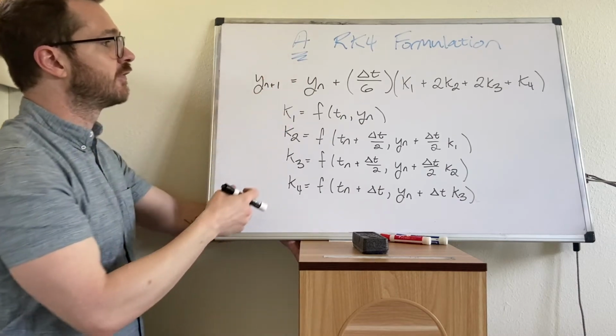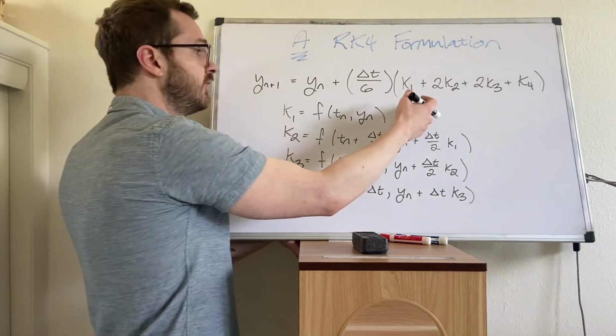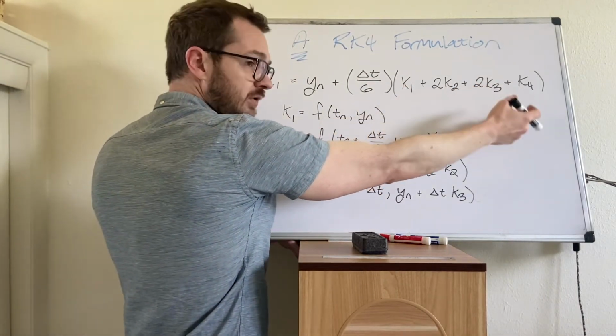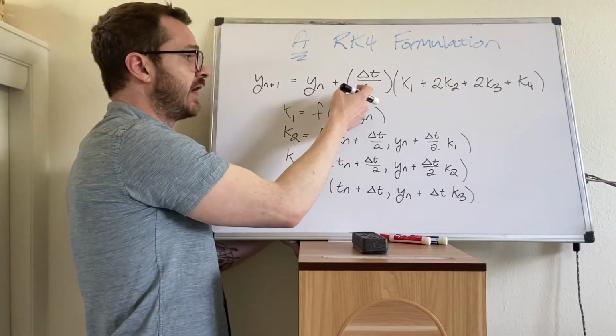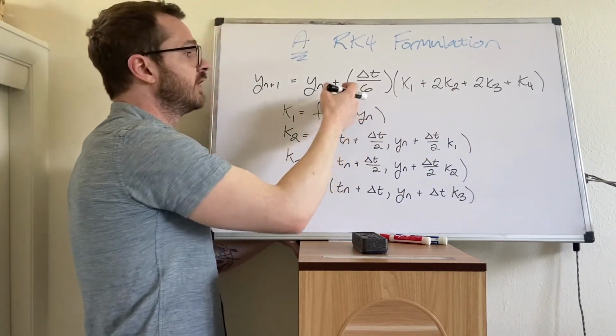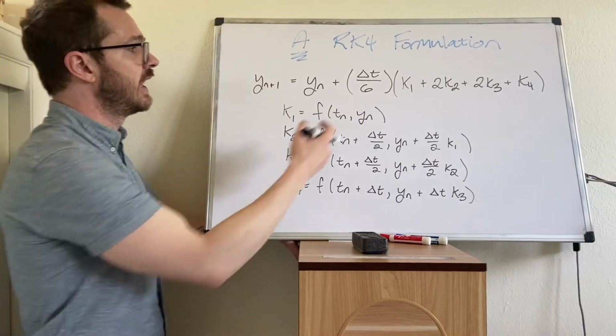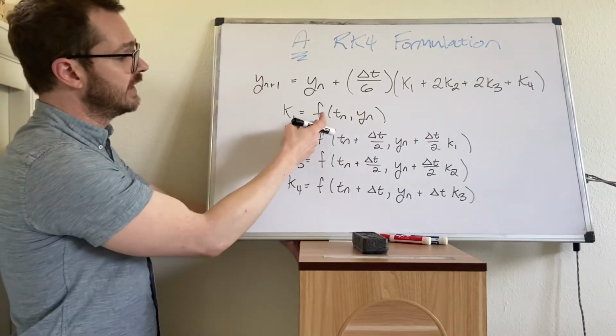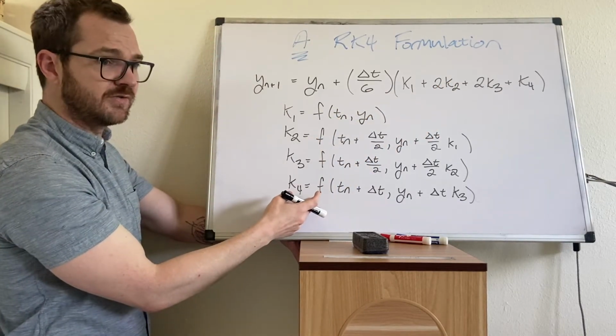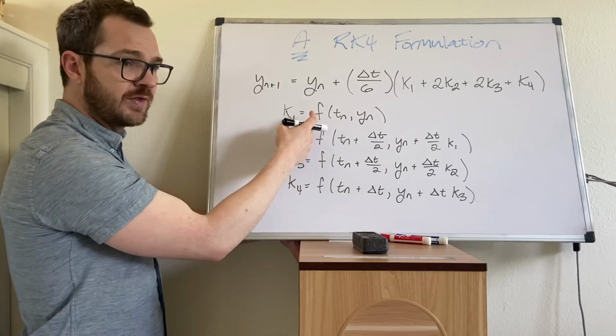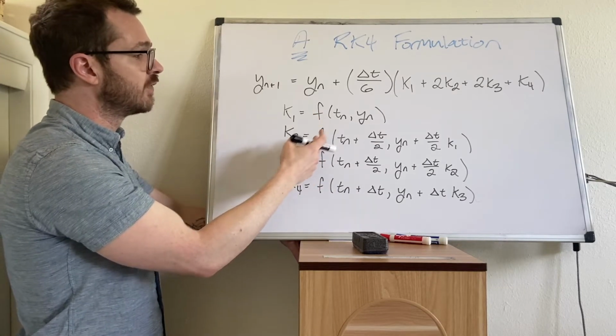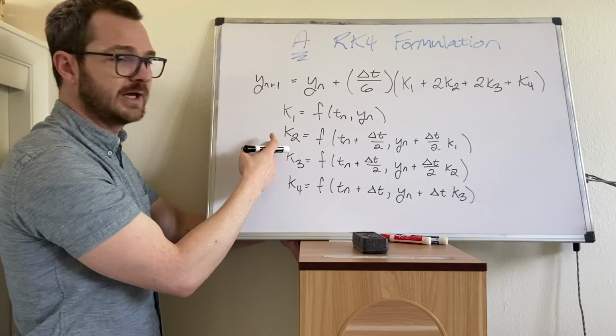In this Runge-Kutta formulation, look at the weights. The weights are 1, 2, 2, and 1, which means we need to divide by the total, 6, to do the weighted average. And then the K values is the function. Again, remember the function is the differential equation. You evaluate the function at the initial states, and then we're going to use the K1 to calculate a new one, K2.